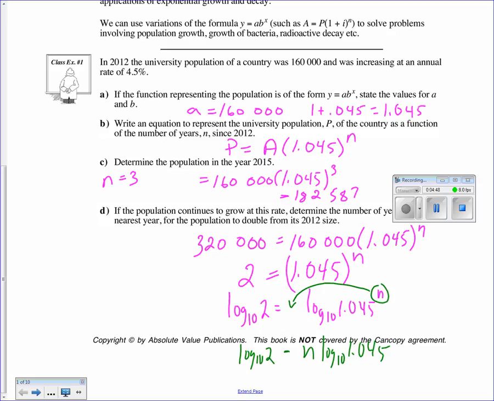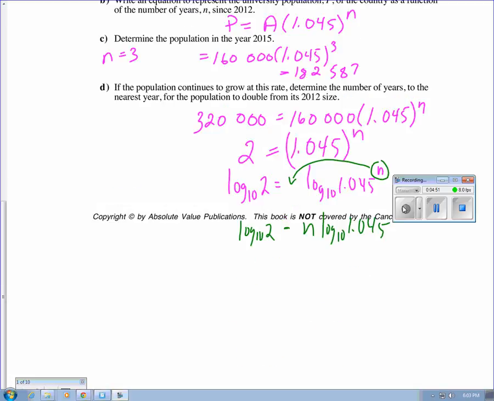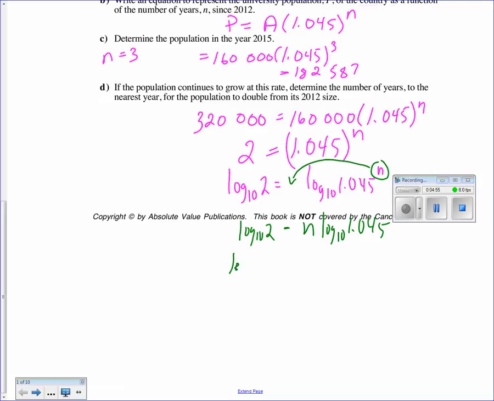See if you can solve for n. So n would be log base 10 of 2 divided by log base 10 of 1.045. Now, to the nearest whole number of years, that would be 16 years. The actual answer was 15.747, but we want the time in years.